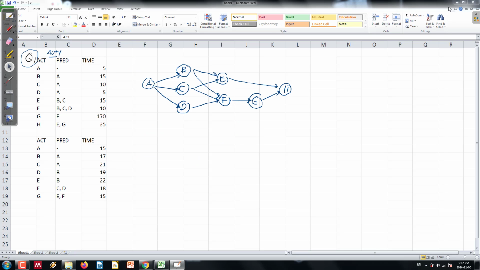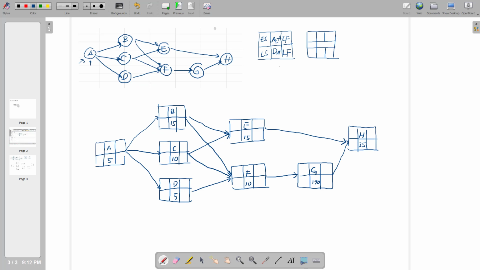Double check. Right. Okay. So how to calculate the early start, late start, early finish, and late finish?